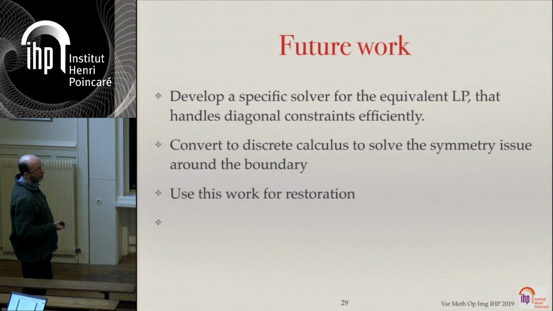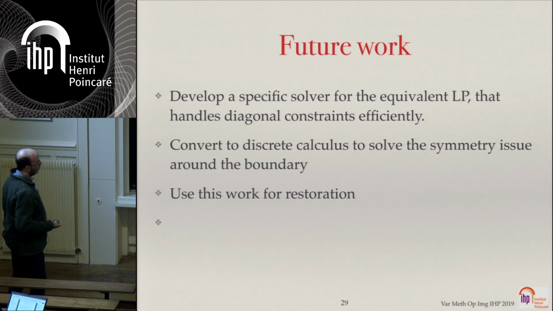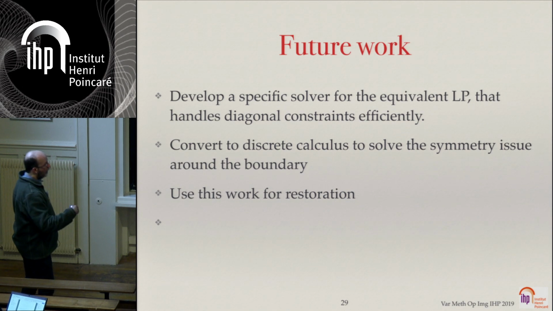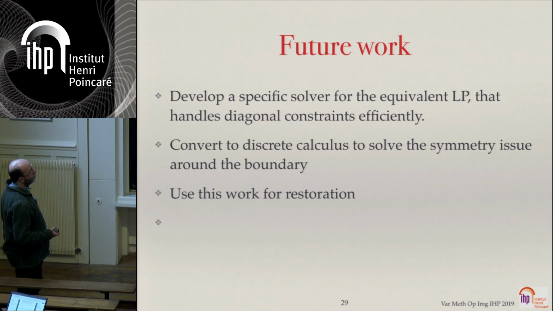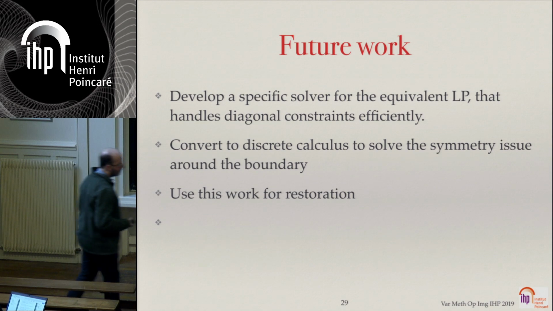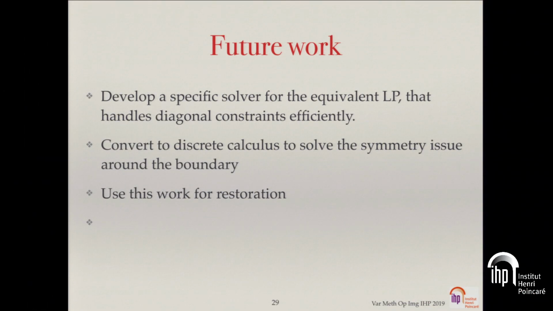We want to get rid of that and use discrete calculus to specify a border in between pixels. And if we do that, we'll have a more balanced formulation of the problem. And we want to use this work for restoration. And if we do that, maybe we can dominate the world of digital restoration, perhaps.